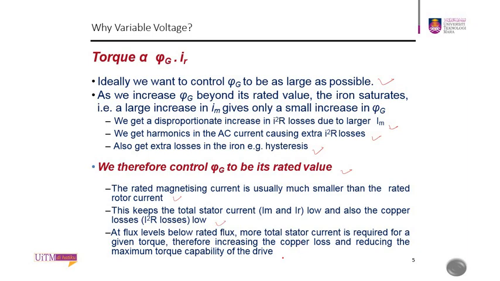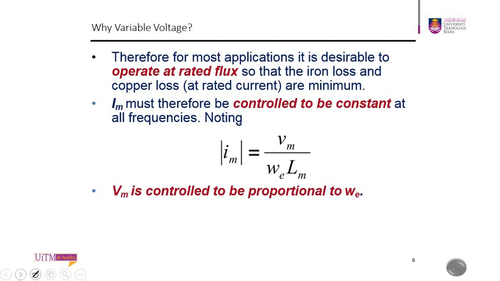At flux levels below the rated flux, more total stator current is required for a given torque, therefore increasing the copper losses and reducing the maximum torque capability of the drive. So for most applications, it's desirable to operate at rated flux, so that the iron losses and the copper losses are at a minimum. And the flux must therefore be controlled to be constant at all frequencies.